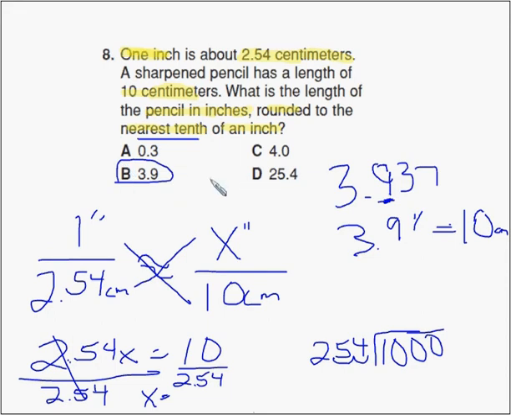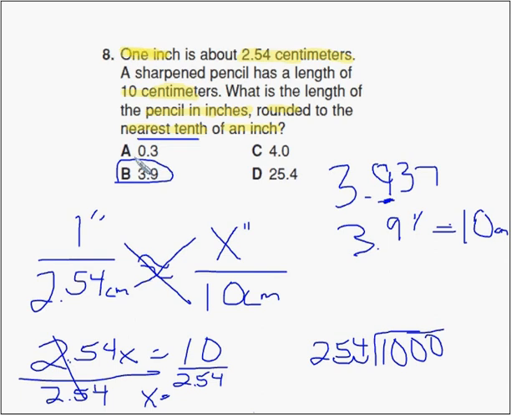So I can check to see if my answer makes sense. If 1 inch is 2.54, then 10 centimeters is going to be about a little less than 4 times as many. So roughly works out.